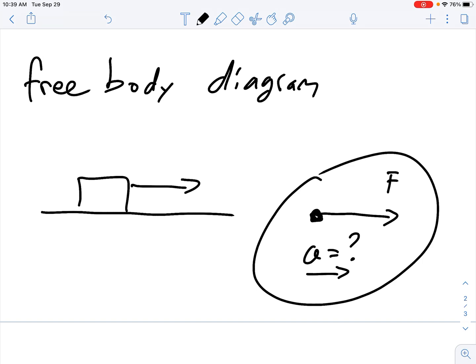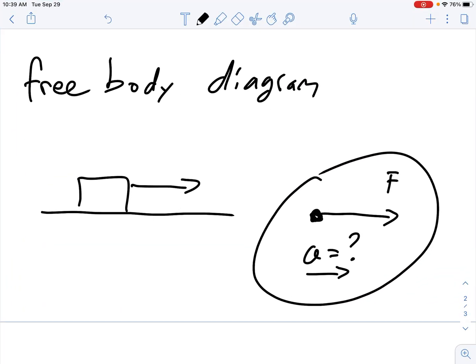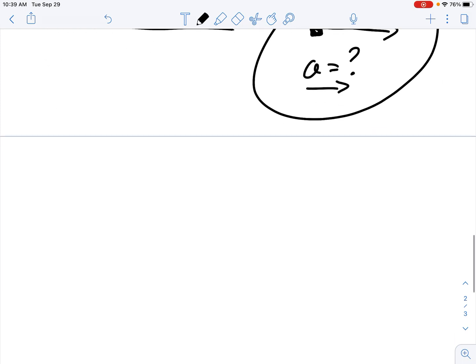Let's look at some examples. Example 1. This is on page 89 in your textbook. Practice problem 1. A flower pot falls freely from a windowsill. Ignore any forces of air resistance. All right, so a dot represents the object of interest, and it's falling from the window, so the only force acting on it will be the force of gravity.